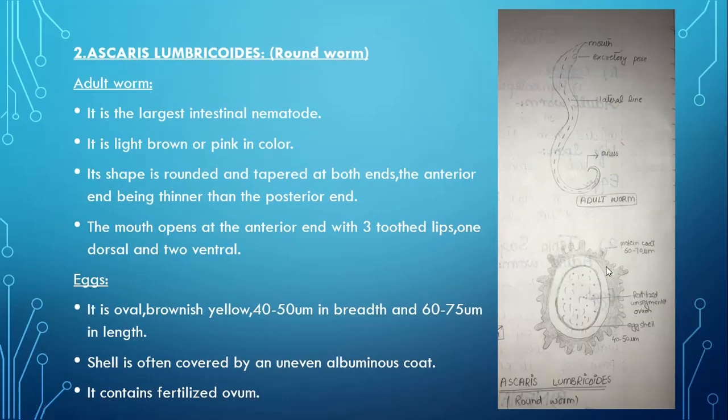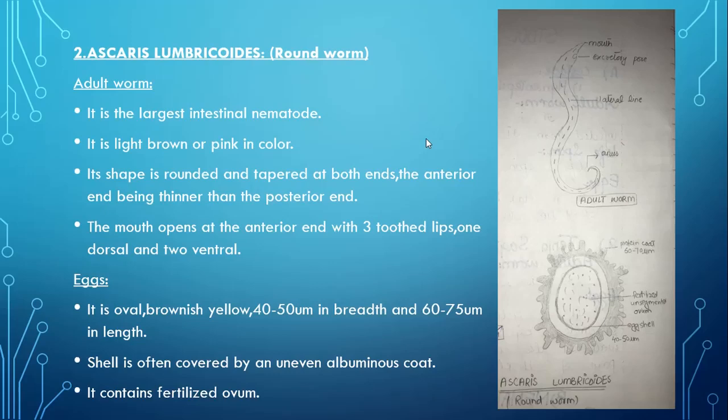Then Ascaris lumbricoides, which is also known as the roundworm. The adult worm of Ascaris is the largest worm that exists in the intestine, and it is light brown or pink in color. Its shape is rounded and tapered at both ends, as you can see here. The anterior end is thinner while the posterior end is thicker.